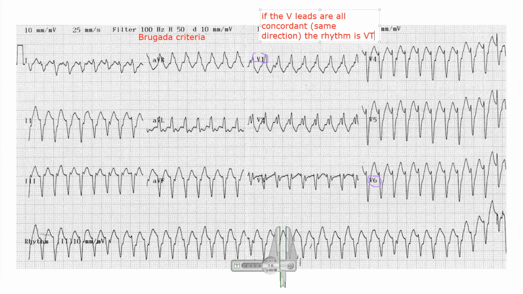So whenever you have a fast rhythm and you're thinking it could be an SVT, but it could also be ventricular tachycardia, you must do a 12-lead ECG. If the 12-lead ECG shows concordance in the V leads, which means the directions in the V leads are all the same, then the answer is going to be ventricular tachycardia.